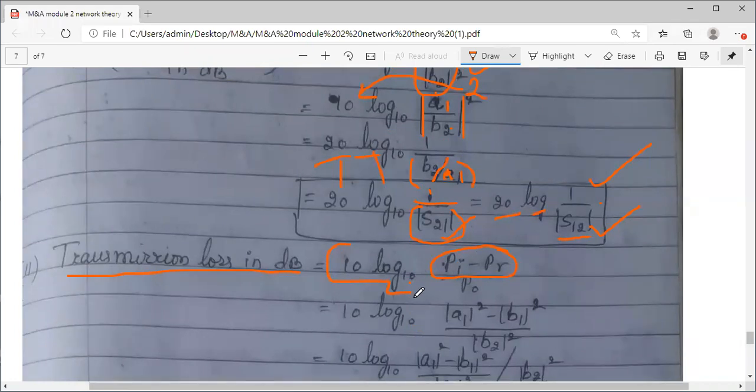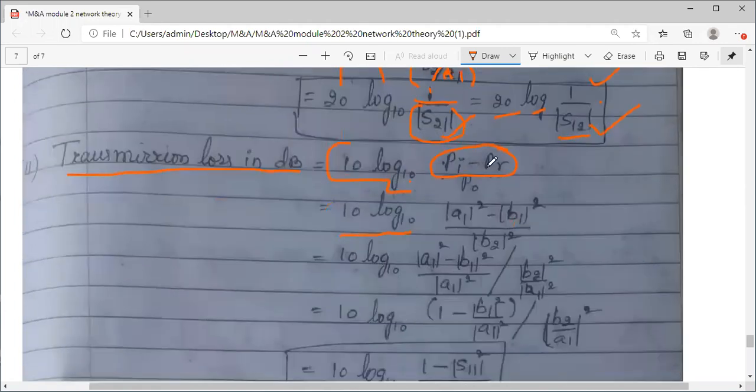Now again the same concept will come here. I have to replace the powers in terms of A and B, so that instead of A and B I can take any of the S values. So what I have done here, 10 log I have kept as it is.